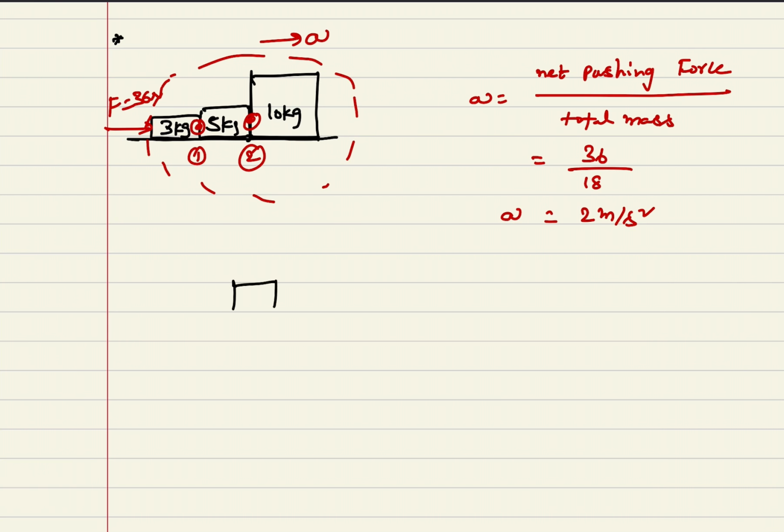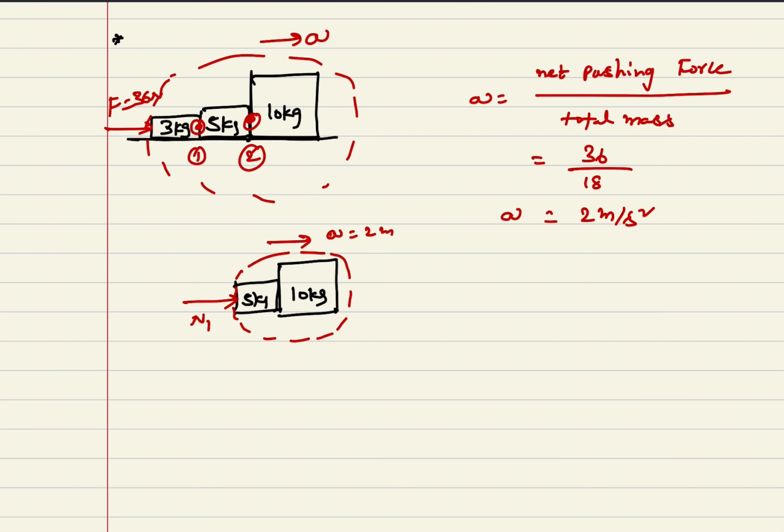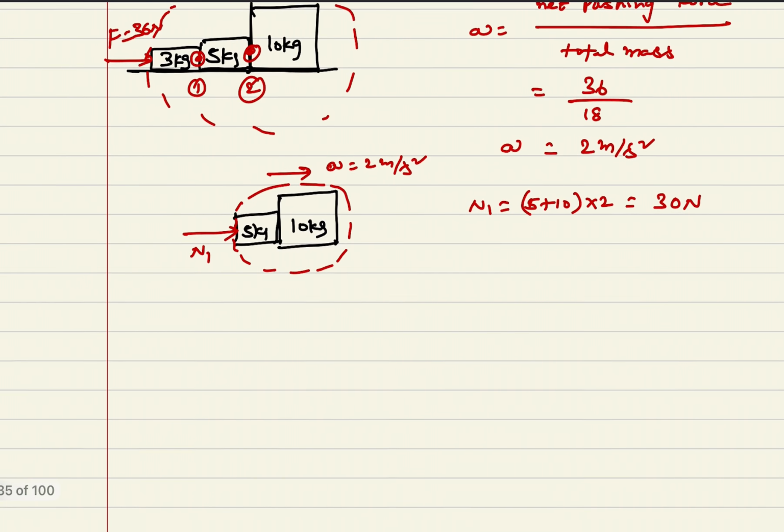Now whatever contact is there between the 3 kg and 5 kg, that is N1 I am writing. This N1 is pushing the 5 kg and 10 kg, as we have not directly applied force on the 5 kg. So A is equal to 2 meter per second square. Now I can write N1 is equal to 5 plus 10 into 2, that is 15 into 2, which is 30 newtons.